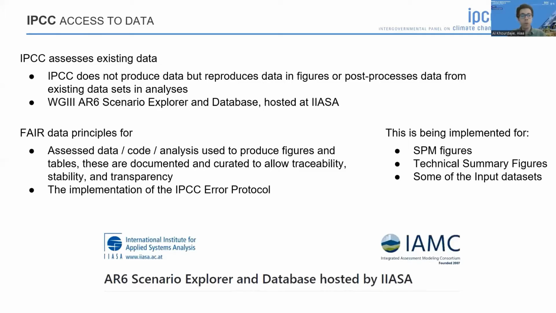These principles also support the implementation of the IPCC error protocol, which is used should an error be found at a later stage. As for the implementation of these principles in the Working Group 3 AR6 report, they have been implemented on all summary for policymakers figures. They have also been implemented on the technical summary figures and some of the input data sets for these figures.